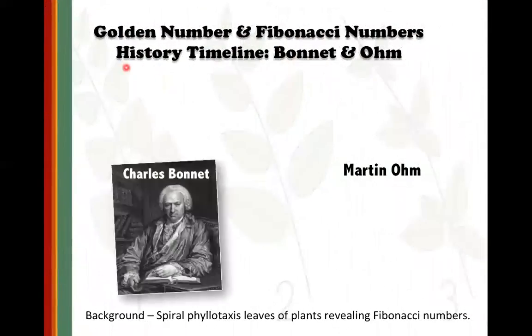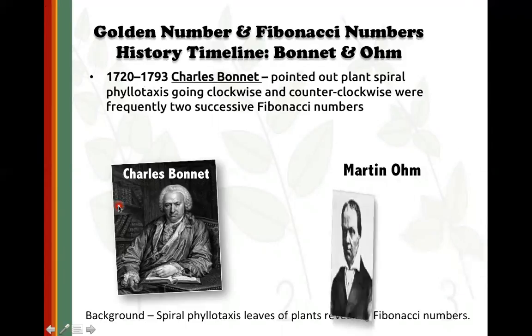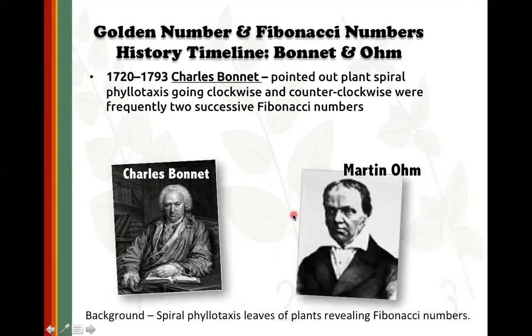All right, the golden number and Fibonacci numbers history timeline: Bonnet and Ohm. We have a picture of Charles Bonnet, and there's Martin Ohm. Charles Bonnet lived from 1720 to 1793. He pointed out that plant spirals in phyllotaxis going clockwise and counterclockwise were frequently 2 successive Fibonacci numbers.